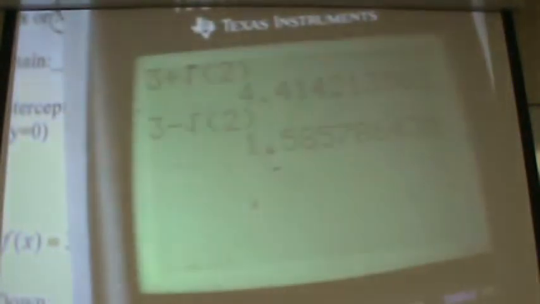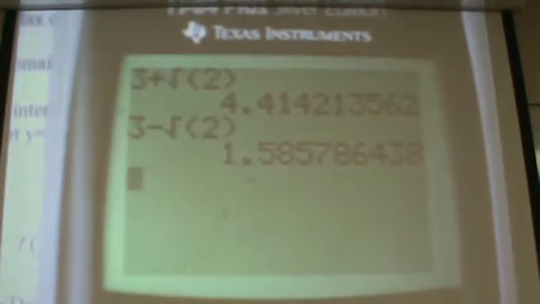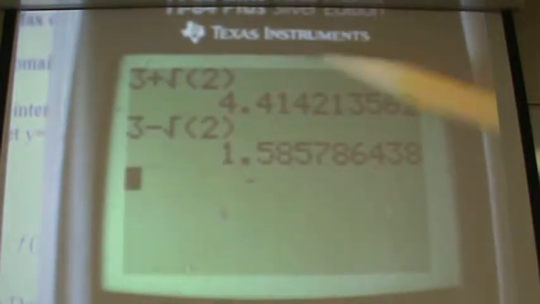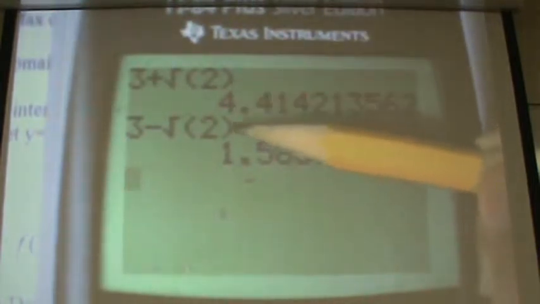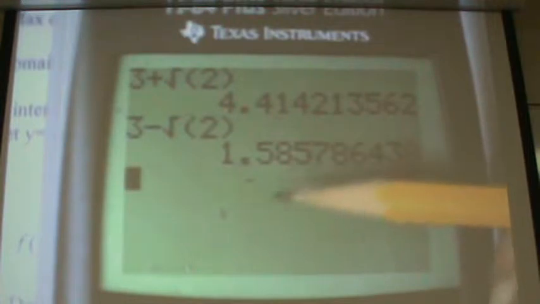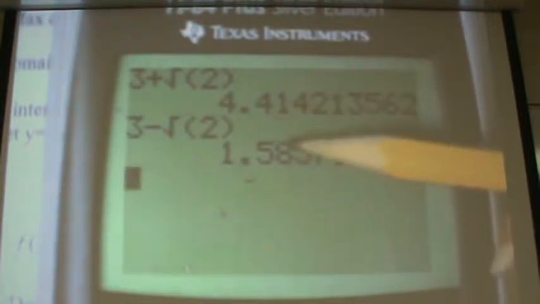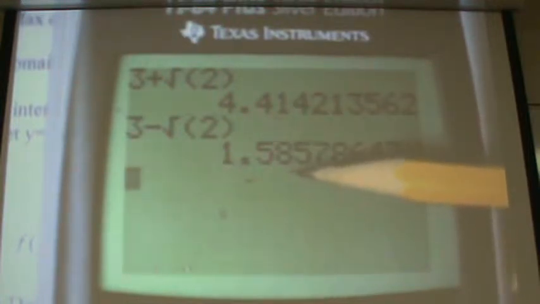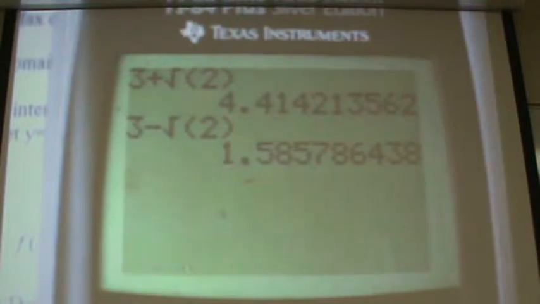Solve it. I have it right here for you. These are exact answers right here. These are what kind of answers? Estimated. Why do we need the estimated answers in this situation? Helps better visualize. Where is 3 plus root 2 and where's 3 minus root 2?